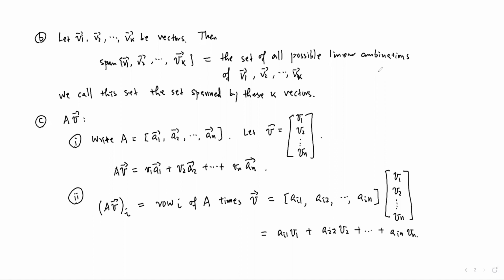Review D. A linear system can be written as a vector equation, also as a matrix equation.